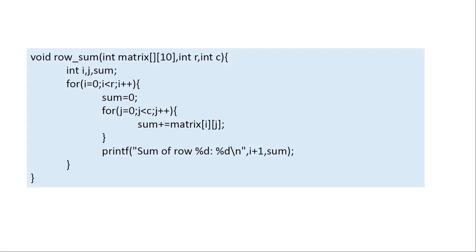Then the I value is incremented and the next row is considered, and the sum is again initialized as 0, and the sum of the elements of that row is found and printed. This process is continued until the rows are finished.